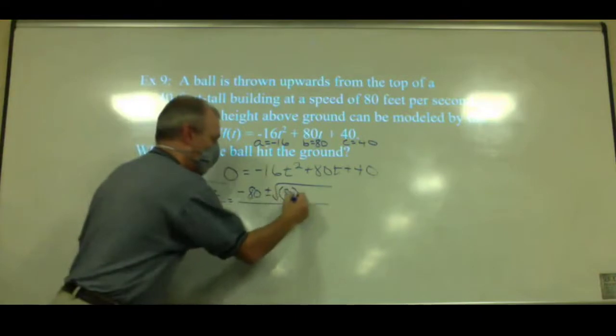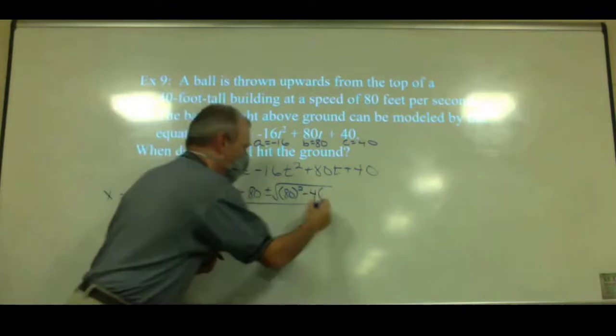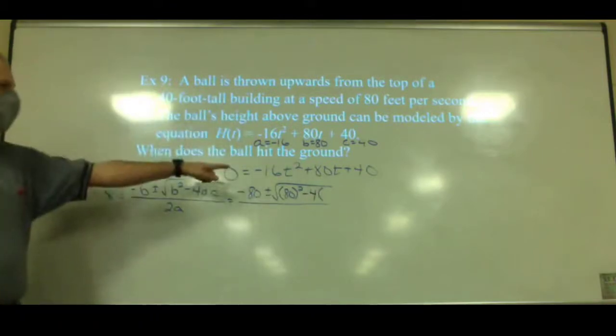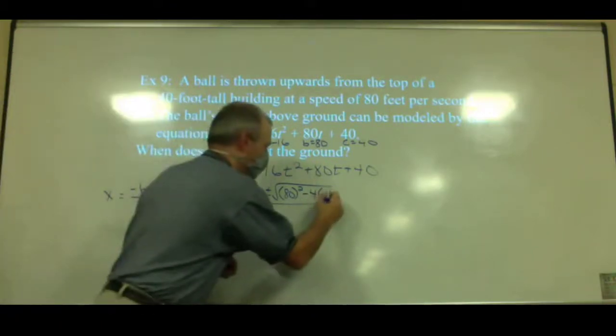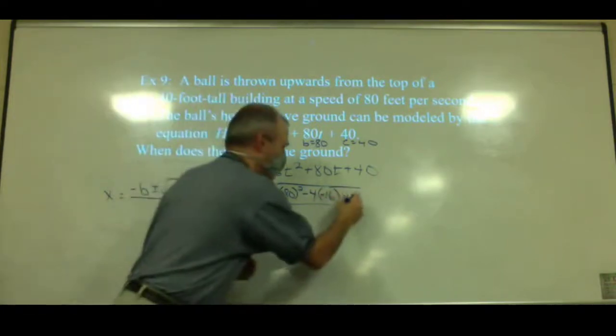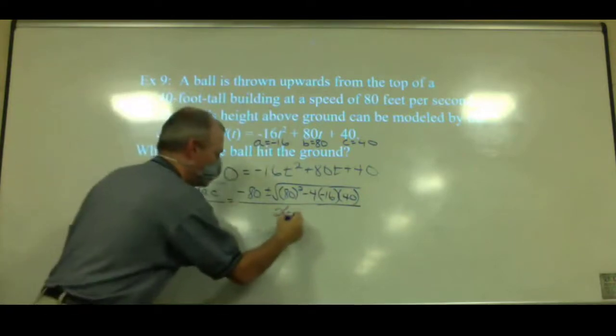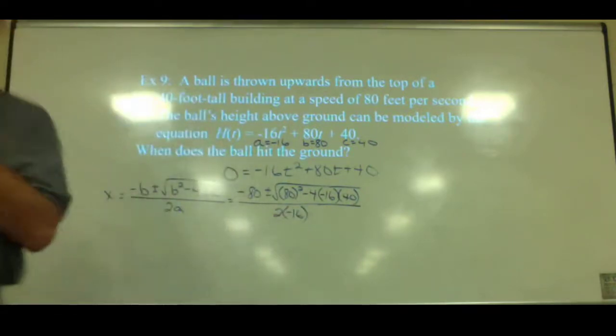So 80 squared minus 4 times A, which is negative 16, times C, which is 40. Over 2 times A, 2 times negative 16.